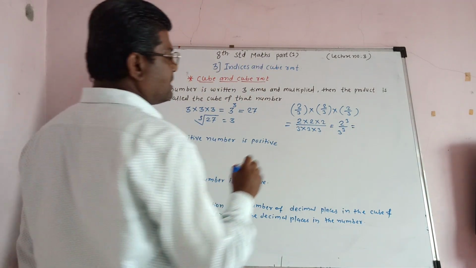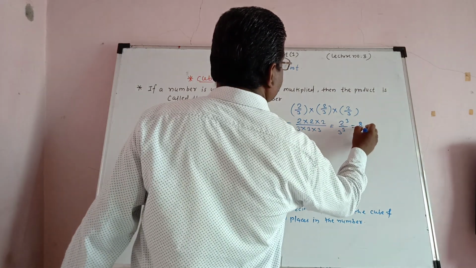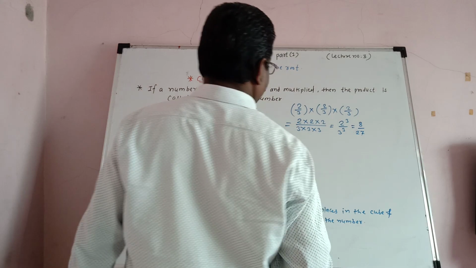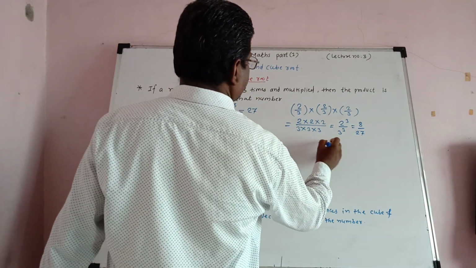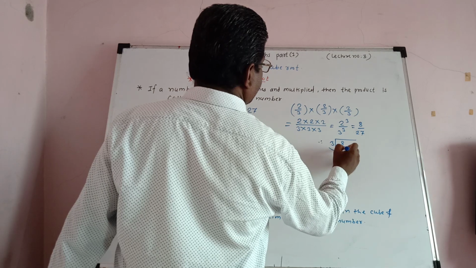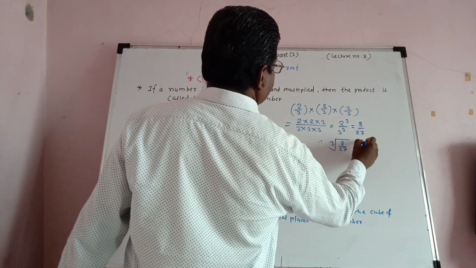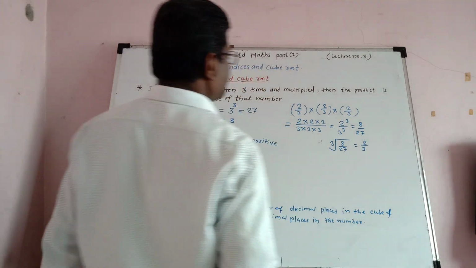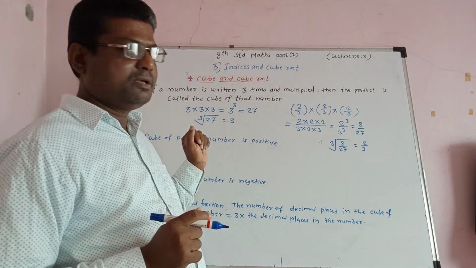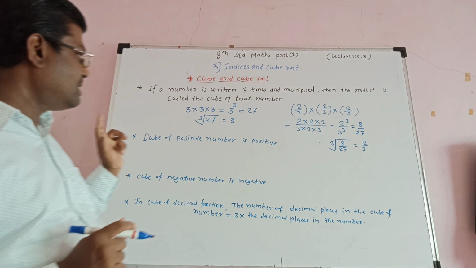Cube of 2 is 8 and cube of 3 is 27. Therefore, cube root of 8 upon 27 is equal to 2 upon 3.